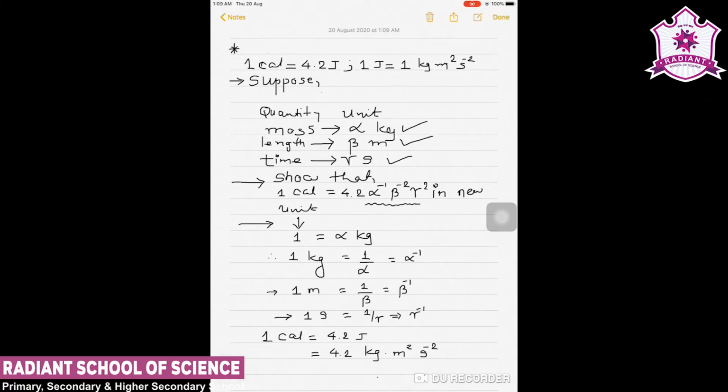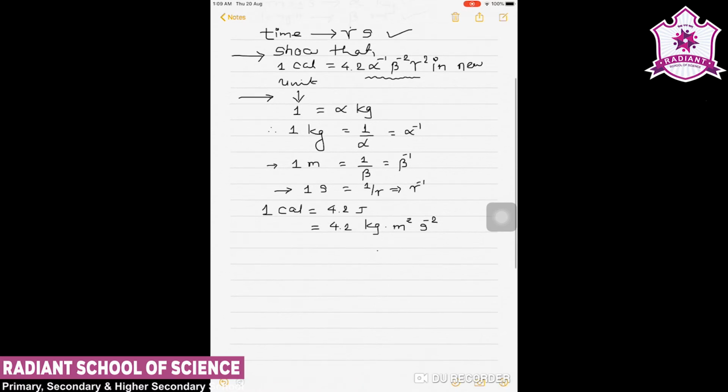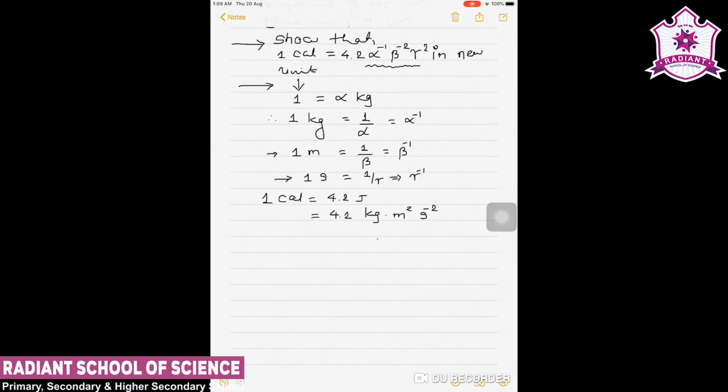Now in this case what we can do is replace this with the given terms. That is equal to 4.2, and in place of kg we can write alpha raised to minus 1. Now in place of meter we write beta raised to minus 1 and whole square, as it is given there, and for second it will be gamma raised to minus 1 with power minus 2.